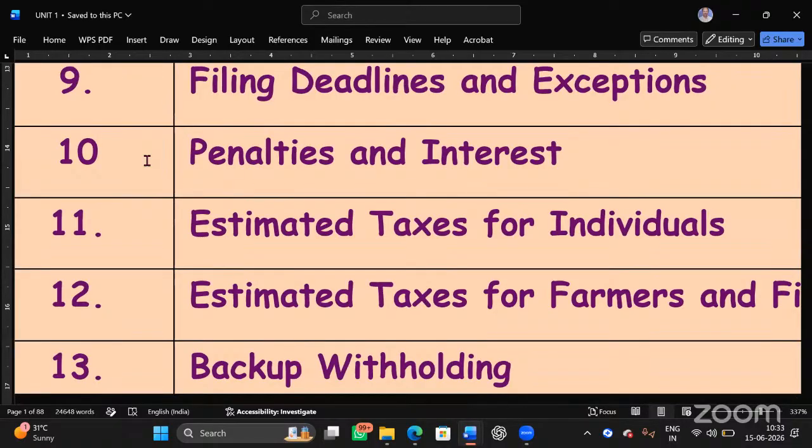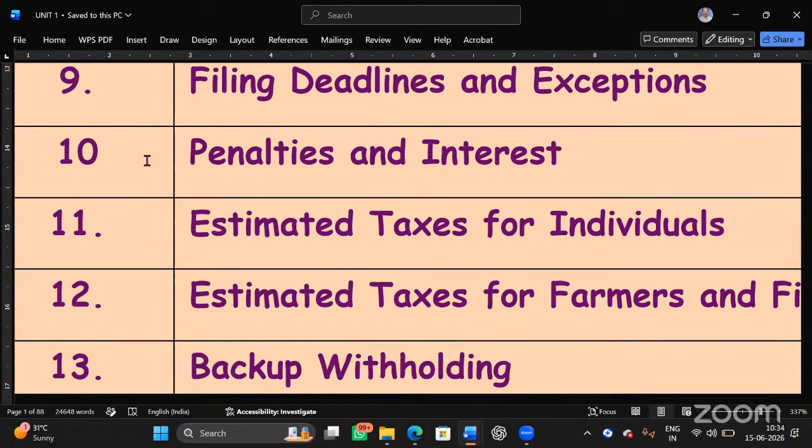Now coming to the 11th subtopic, estimated tax. In the Indian context, it is nothing but advance tax. Actually, income will be generated by the taxpayer in the year 2025. The tax amount is to be paid in the next year, that is, in the year 2026.